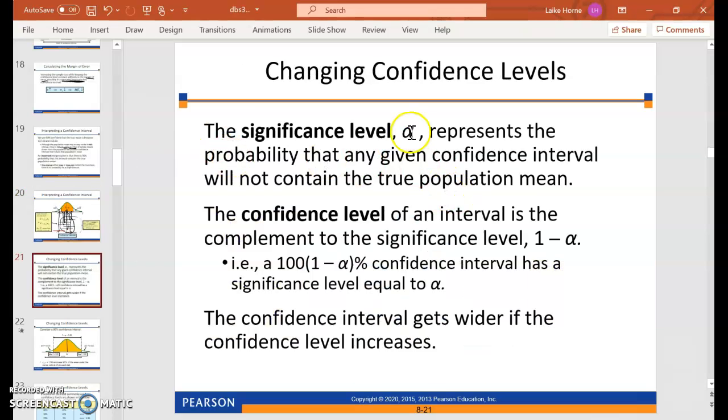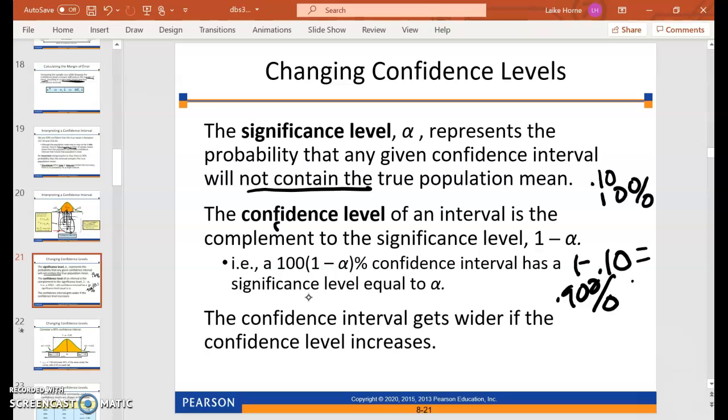Okay, so the significance level represents the probability that the given confidence interval will not contain the true population mean. So let's say this is 0.10 or 10%, that is the does-not. To get the confidence level, which is that it does fall, it is going to be 0.90.